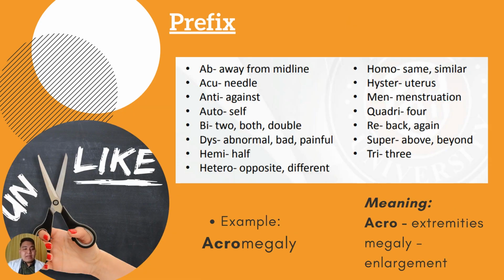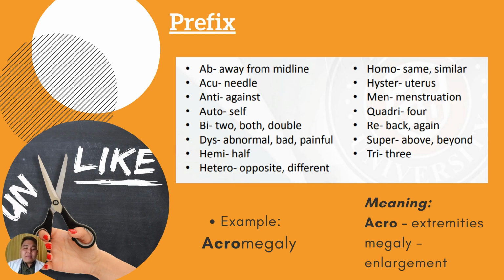From the screen that was presented to you, these are examples of a prefix. There are a lot of examples of prefixes. I will be using one word and then an example. Now let's start with the example medical term being presented on the screen.